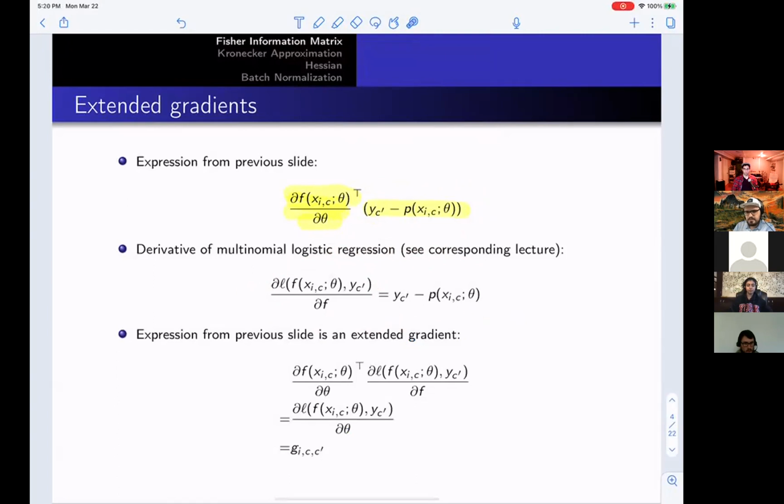Have you seen it in your past? In your non-distant past. Where have you seen an expression which subtracts a probability from a one-hot vector? It should actually be the probability minus the one-hot vector and not the other way around. I think there's a minus missing. Where have you seen this?